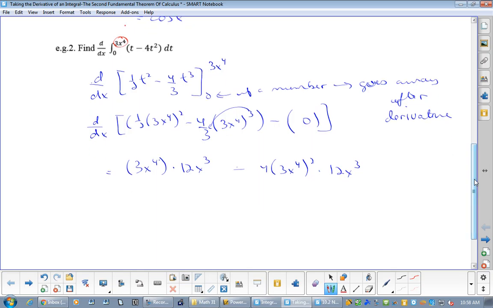Now, if we factor out 12x cubed, we get 3x to the 4 minus 4 times (3x to the 4) squared, and I'm going to factor out 12x cubed.